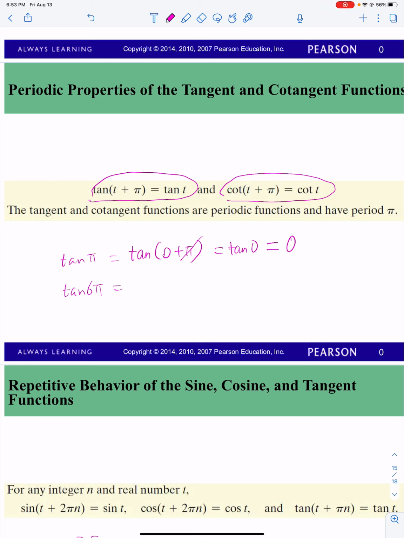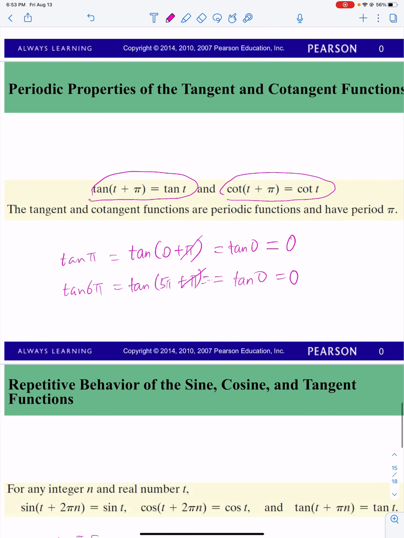It's 0. Tangent 6 pi: it's the same as tangent 5 pi, then tangent 4 pi, and so on. Finally it will be the same as tangent 0 again. So it's 0. You with me?